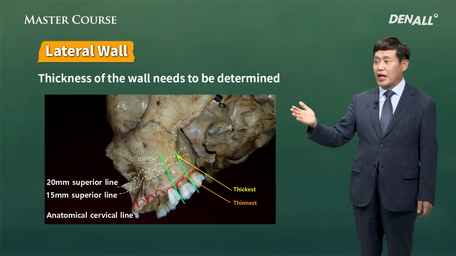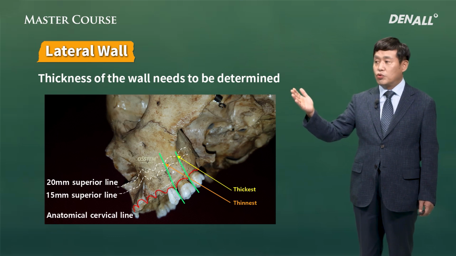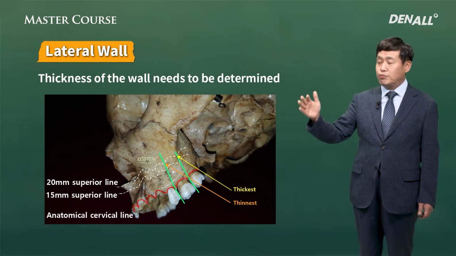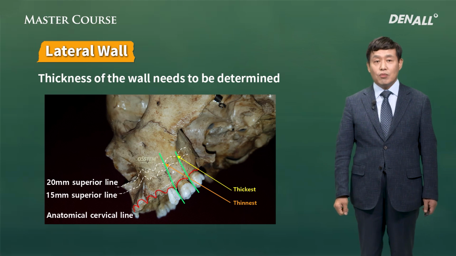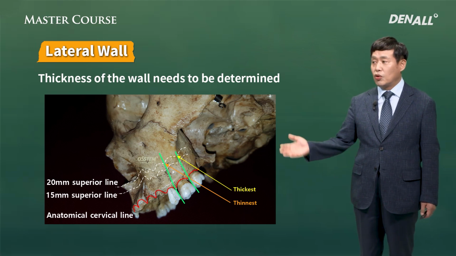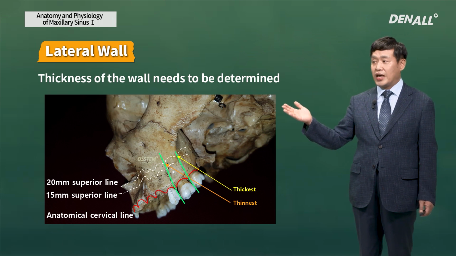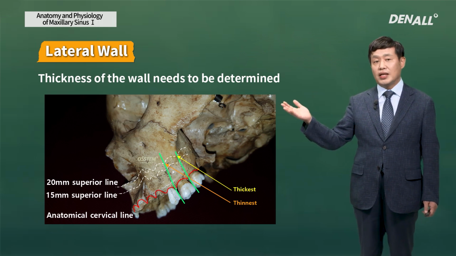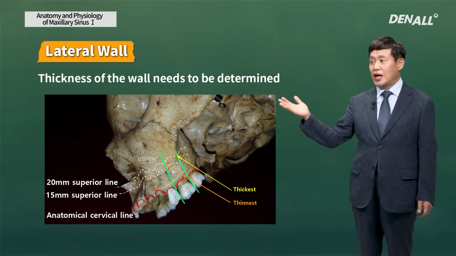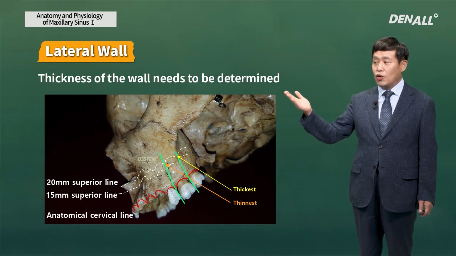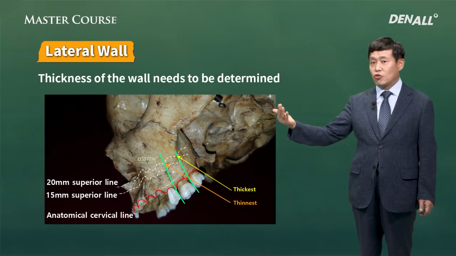The lateral window can be easily made in the mesial of the first and second molars. Between the second premolar and the first molar, if the second molar is missing, number 7 is missing, it is distal to the zygomatic buttress.